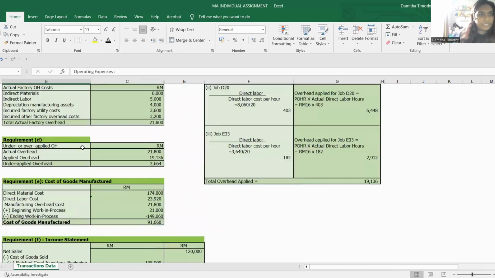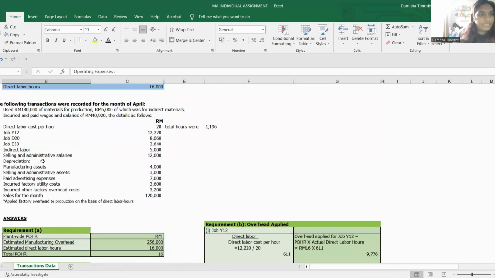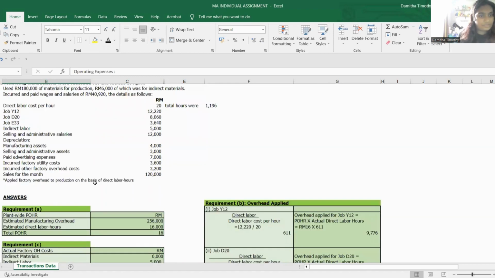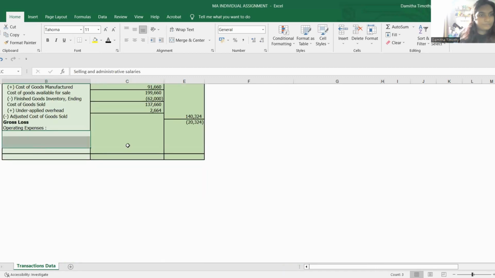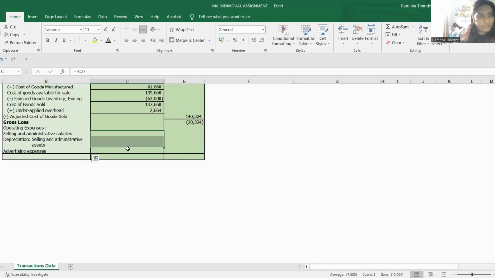For the operating expenses, we will take selling and administrative salaries, manufacturing depreciation, selling and administrative assets, and also advertising expenses. So for all the three values, we will put in the bracket because the value will be deducted from the income statement. So when we add all the operating expenses here, we will get the value 22,000.